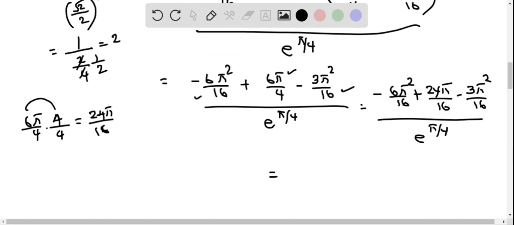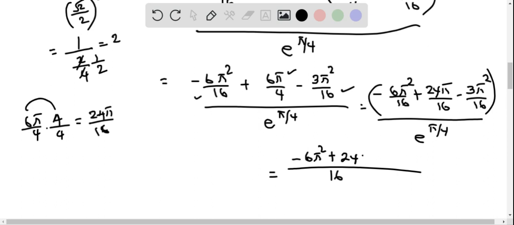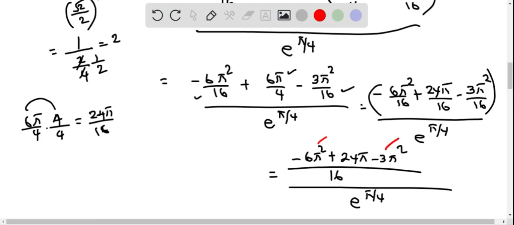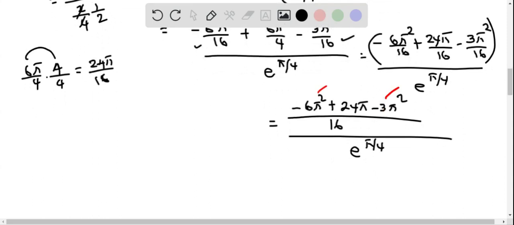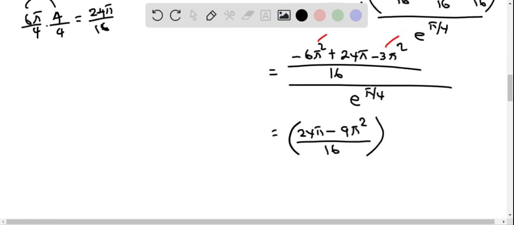And so we have a common denominator of 16 for the numerator fraction. This means we can write this as negative 6 pi squared plus 24 pi minus 3 pi squared, and this is over e raised to the power of pi by 4. Now we see that negative 6 pi squared and negative 3 pi squared equals negative 9 pi squared. So I put this 24 pi minus 9 pi squared, and this is divided by 16, and this is the numerator term, and this is over e raised to the power of pi by 4.